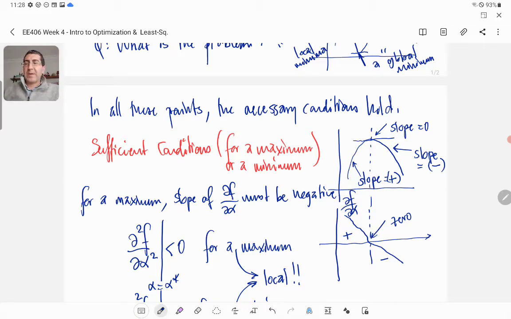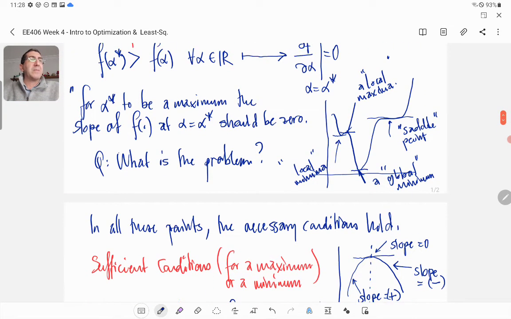And you would remember from your previous years that maybe you have already used the slope equals 0 constraint in order to find the maximum or a minimum of a function. Usually, if you have a quadratic function, there is only one maximum or one minimum. Therefore, it's very easy to find that. But if you have a complex function with many local minima and maxima, this becomes a problem.